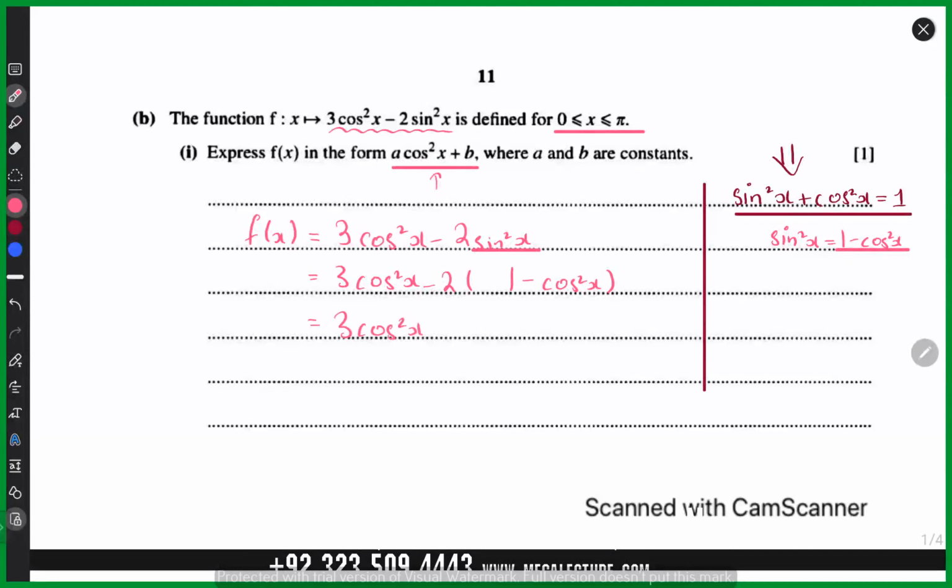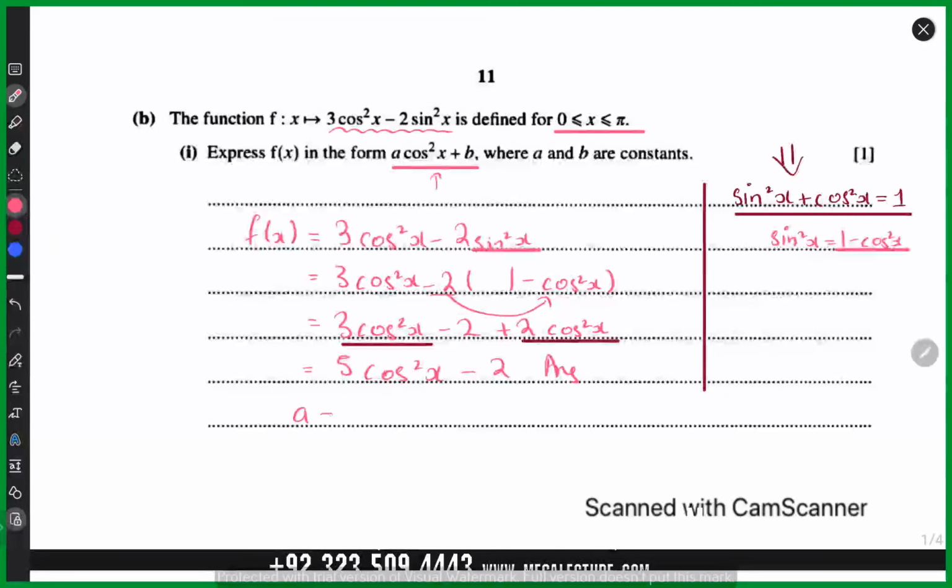Minus 2 into 1 would be minus 2. Minus 2 into this would be plus 2 into cos squared x. Next, I am supposed to add this in this because these terms are same. This is going to give me 5 cos squared x minus 2, and this is the answer.